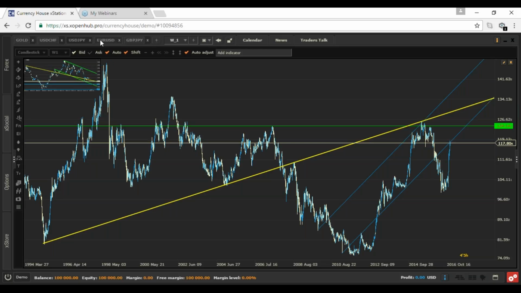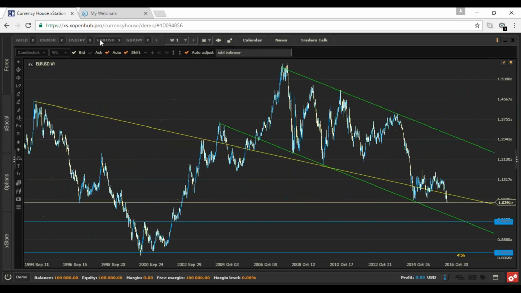Let's try to analyze euro-US dollar, which is a very important pair as well, because you know that there is a basket of currencies measured against the US dollar, which is called the US dollar index. It has 6 major currency pairs, and the euro has 60% of that in the volume, because the volume of trading is very huge.